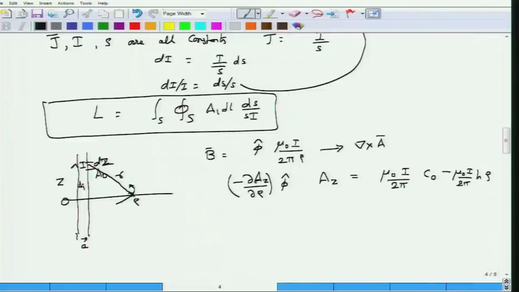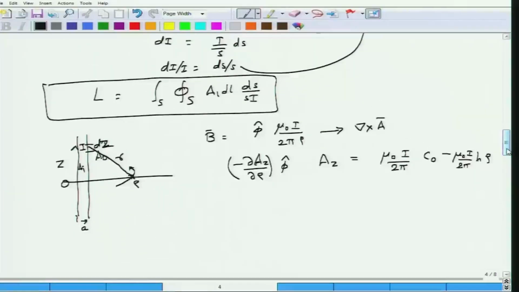So, let me not show the derivation over here, because as such we want to finish the calculation for the inductance, but I will leave this as an exercise and guide you how to do it step by step in the exercise. You can actually show that the magnetic vector potential outside is actually given by mu 0 I by 2 pi, some constant C0, minus mu 0 I by 2 pi log of r.